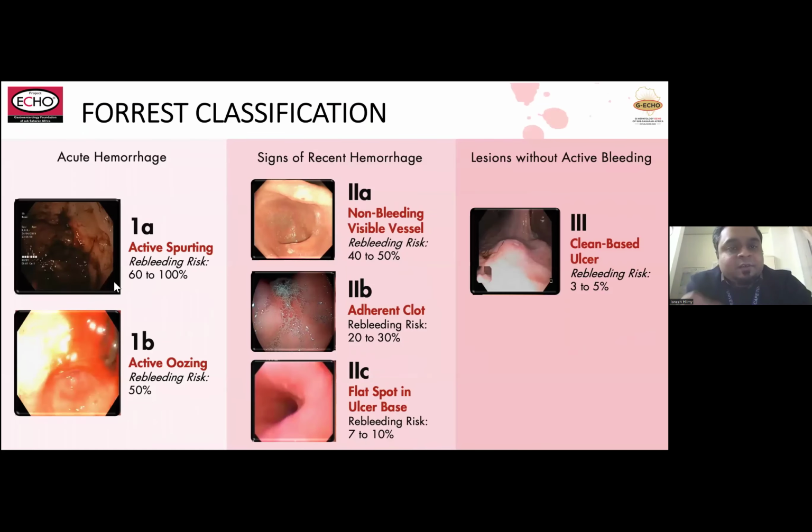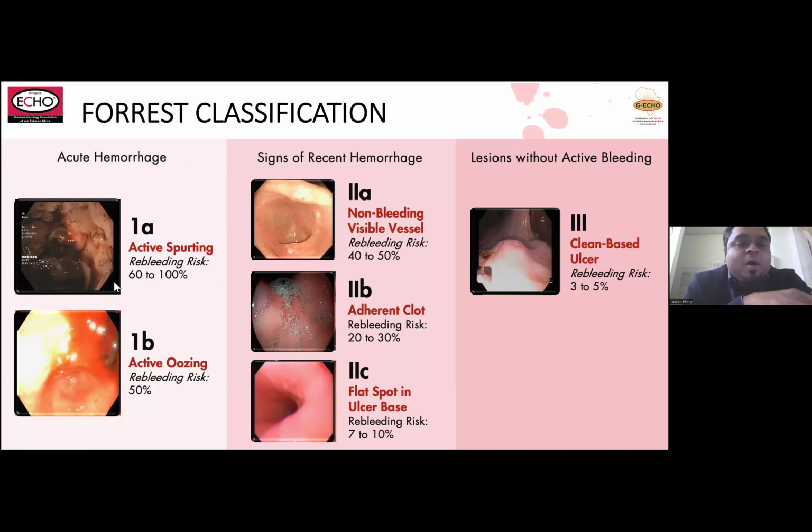So this is the Forrest classification. Basically, in this classification, we classify the patients into acute hemorrhage, signs of recent hemorrhage, or lesions without active bleeding.